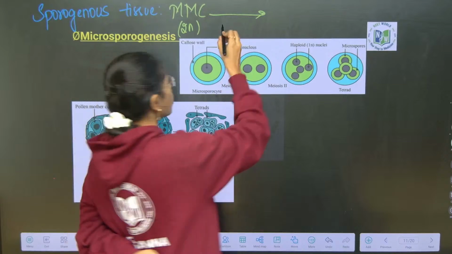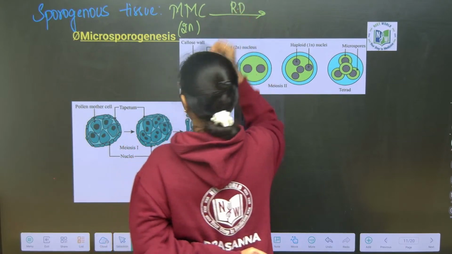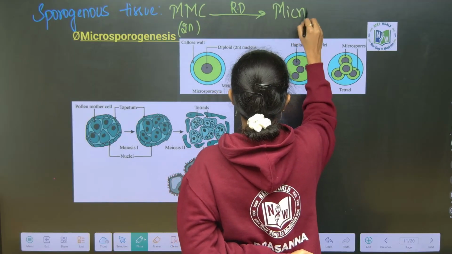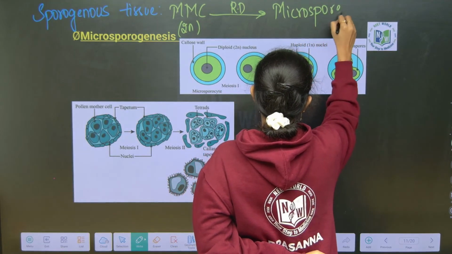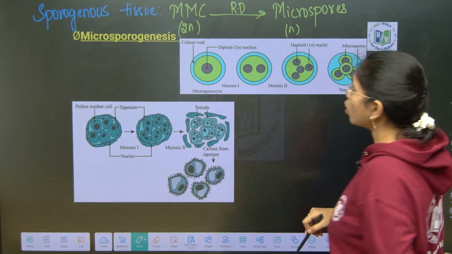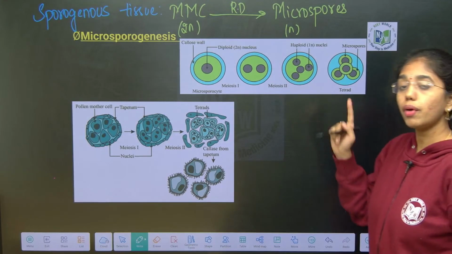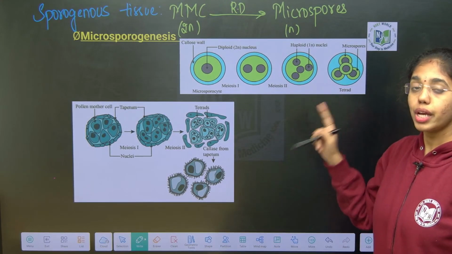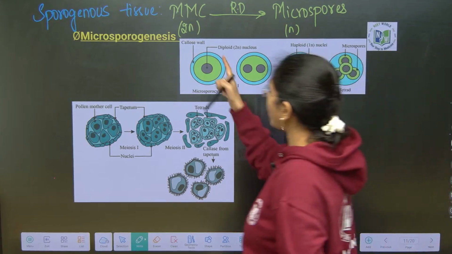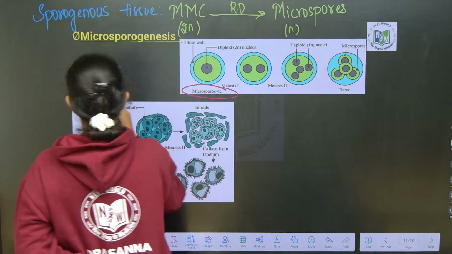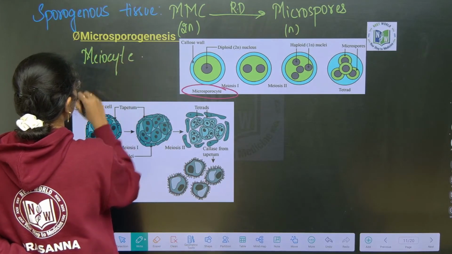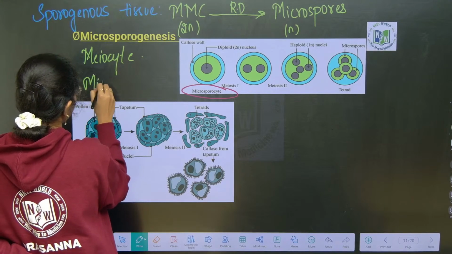This undergoes reductional division or meiotic division forming microspores which are haploid. Fine, right? So, in microsporogenesis, the cell which is going to undergo meiosis is addressed as meiocyte or microsporocyte as well. So, the microspore mother cell is also known as meiocyte or microsporocyte.